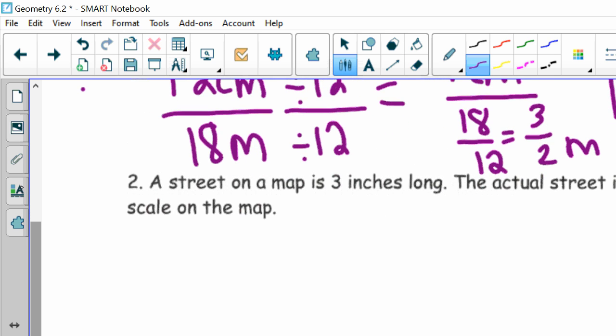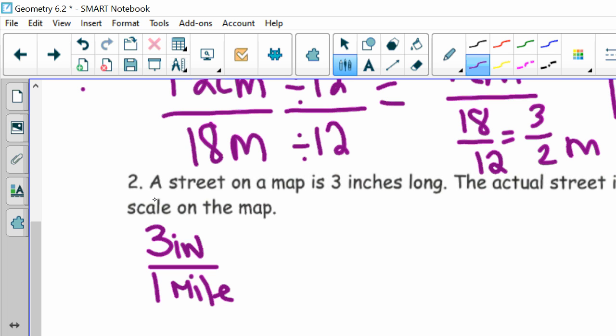All right, let's look at another one. Number 2, a street on a map is 3 inches long. The actual street is 1 mile long. Find the scale on the map. So again, we do the scale. The map is 3 inches over the actual 1 mile. Again, I notice my units are not the same, so I want to divide to make the numerator 1.